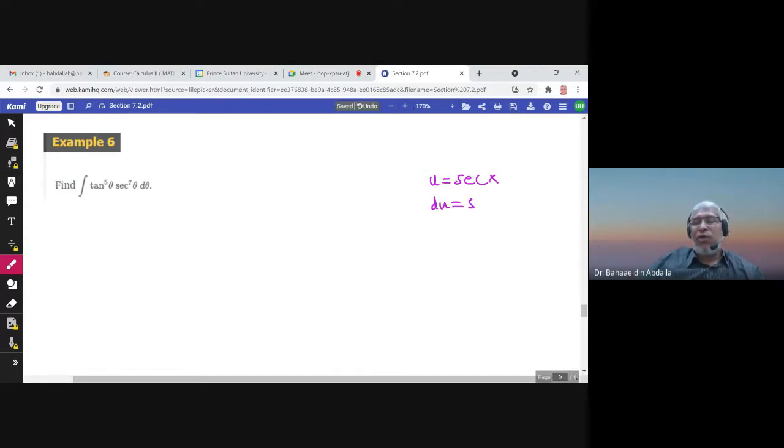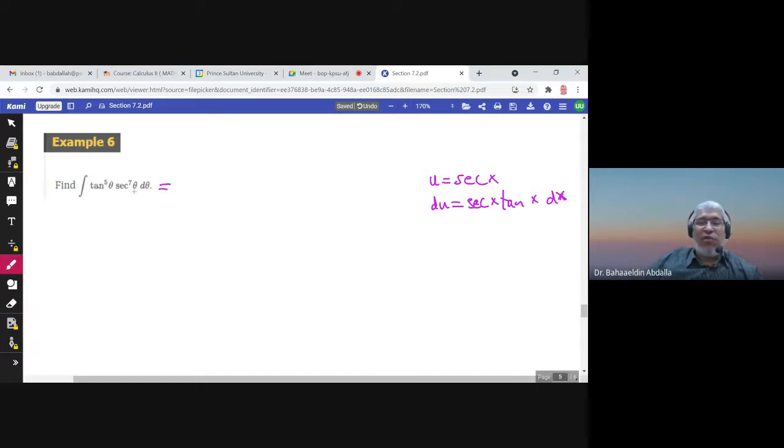And du would be secant x tan x dx. And once I have this, I arrange the integral so I can use this substitution. So I have no problem with secant because I will take it as u, but this tan, I need to do something. What?